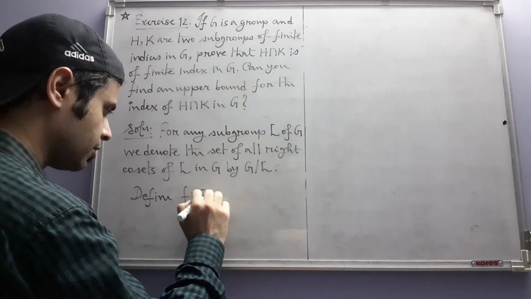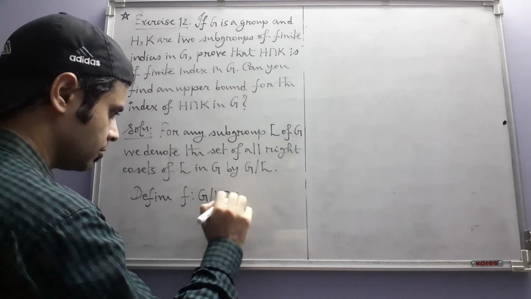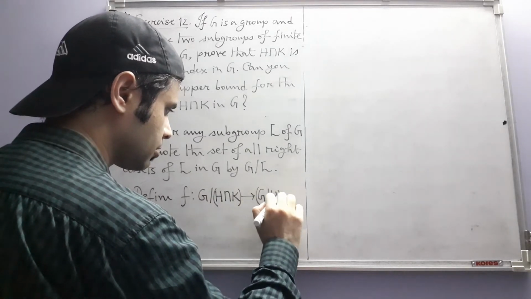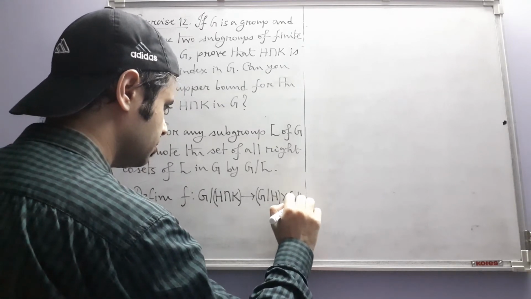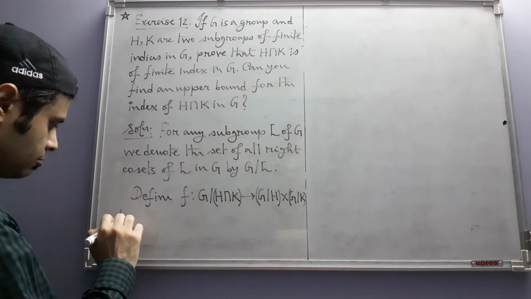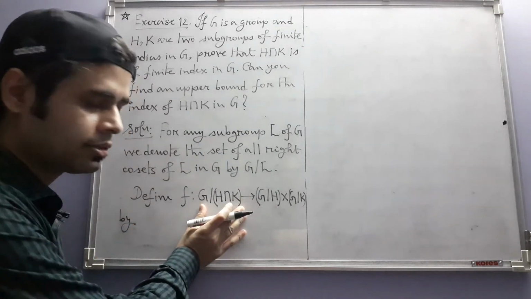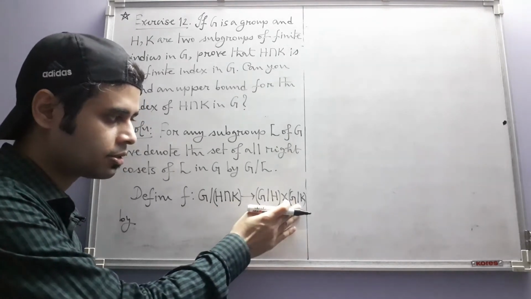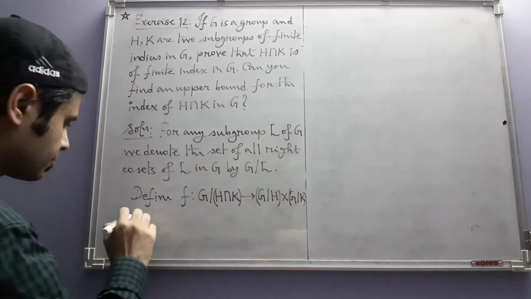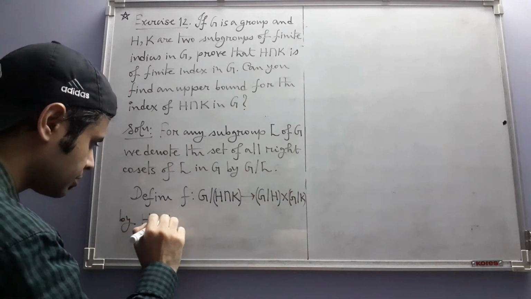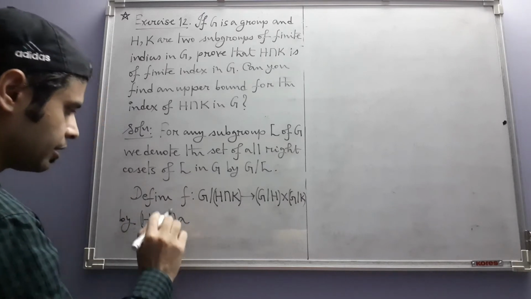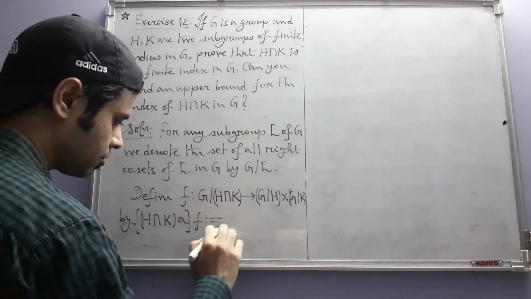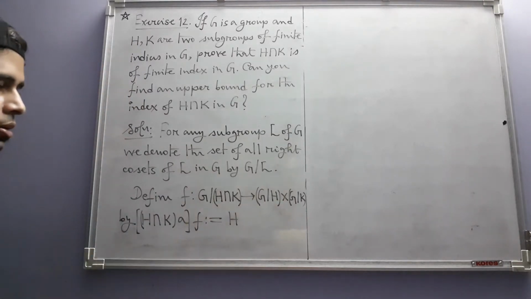Define a function from this set into this Cartesian product G by K. So this is the set of all right cosets of H intersection K in G. This is the set of all right cosets of H in G, and this is the set of all right cosets of K in G. So a right coset of H intersection K in G looks like this, where A is an element of G. It will be mapped by F onto an ordered pair of right cosets.